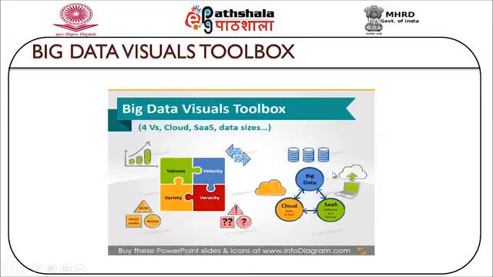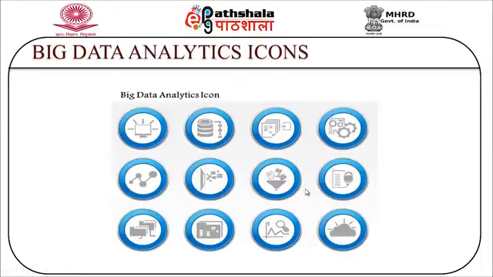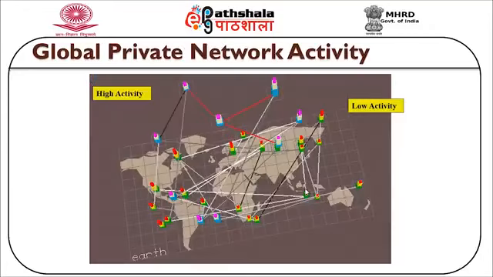Similarly, big data is usually stored in the cloud with the help of software as a service vendors who provide software as a service or storage as a service, wherein we can store our big data in the cloud. These are certain big data analytics icons that are being used. These are certain examples of big data visualization.